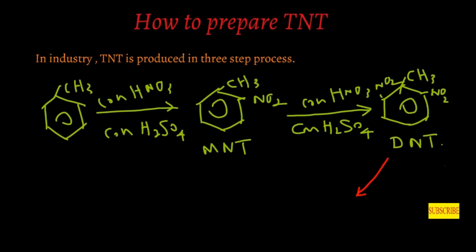Thereafter, this DNT product is renitrated with an anhydrous mixture of nitric acid and oleum. I will show you the reaction. You need to use anhydrous HNO3 and oleum. Oleum's formula is H2S2O7, and this reaction will create TNT.